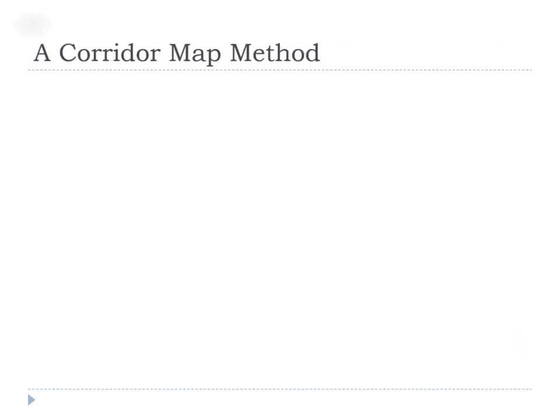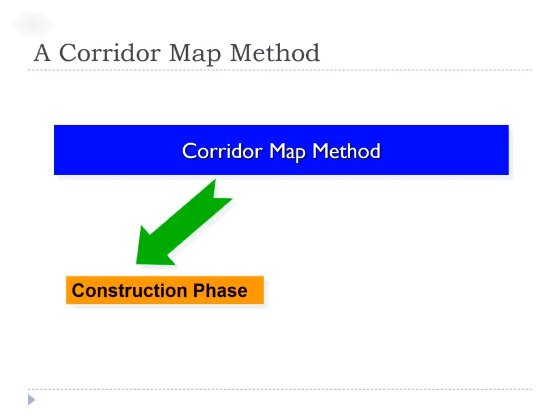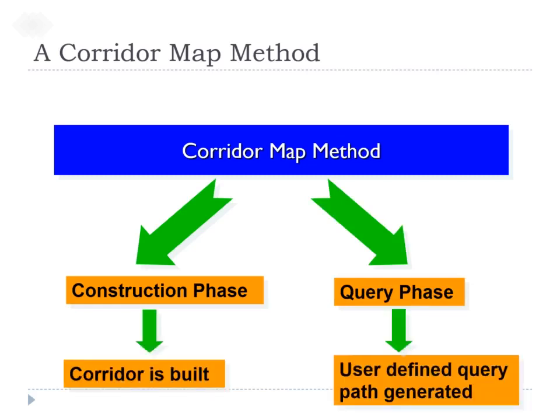The corridor map method takes care of the point that generalized Voronoi diagrams are too restrictive, and therefore first, in the construction phase, we create a corridor instead of just a roadmap. And then in the query phase, a user-defined query path is generated, which is within the corridor. By corridor, I mean all safe locations around the roadmap.